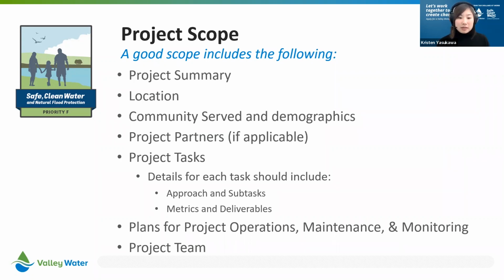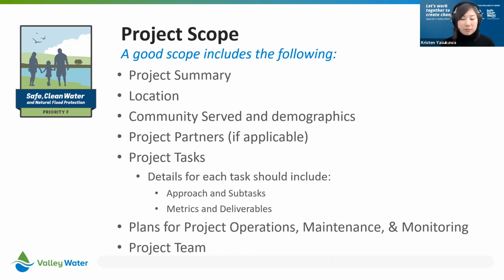The next would be project tasks. So when it comes time, if you're awarded and we're into an agreement stage, we are going to be looking for clear and defined project tasks. So that's just taking your big project that you have in mind, breaking it down into smaller tasks and talking about the approach for each task and any metrics and deliverables associated with each task.